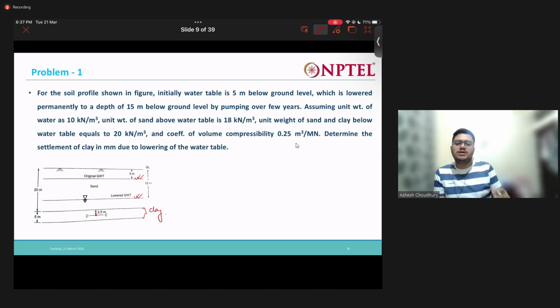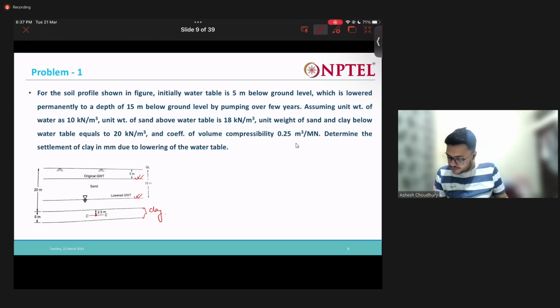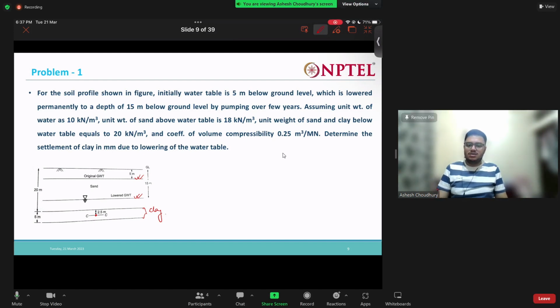Initially, when the water table was up above, there was some effective stress. Now, if the water table gets lowered, what will happen to the effective stress at the same point? Will it increase or decrease?